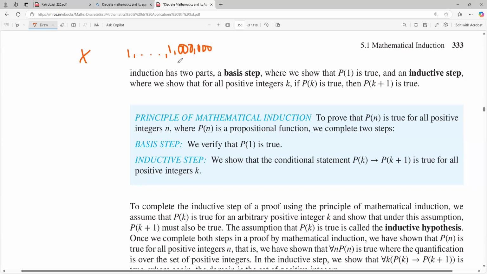Easy, we just plug every single thing in. But say I want to prove a statement for any n, where n has no bound, say these are all the natural numbers. There's an infinite amount, so I can't prove an infinite amount of cases, which is why we need induction.